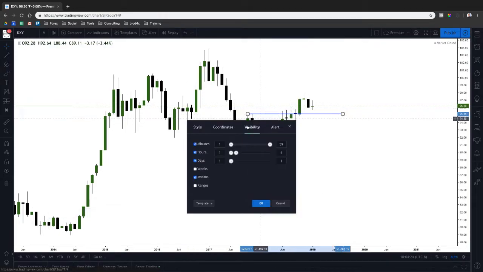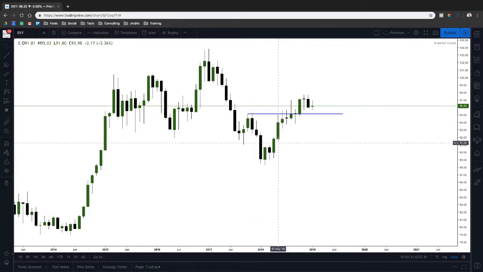Just make sure that visibility is for months all the way down to minutes. So I keep my 4 hour to 1 hour, and then 59 to 1 minute. Okay, so this is the next potential level of support, and that's really the only thing that we need to have on here.